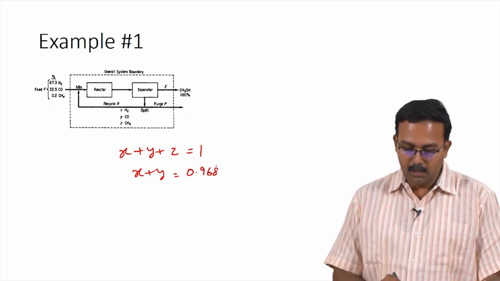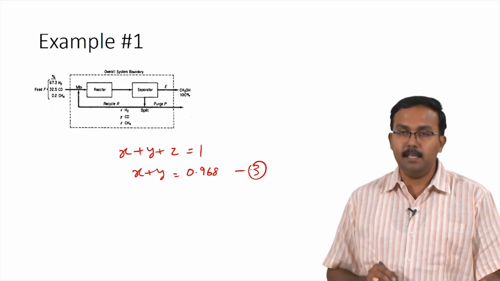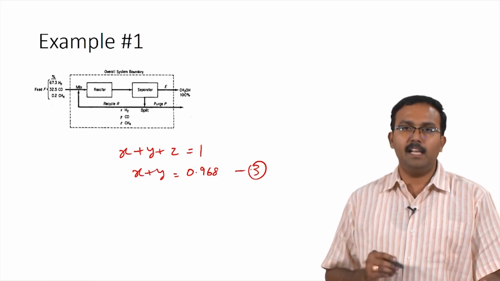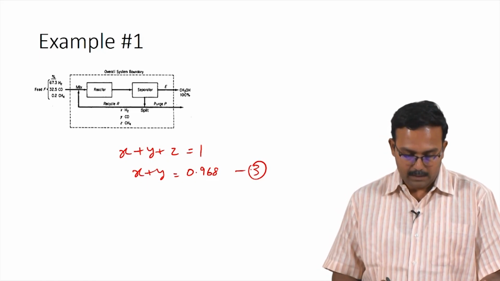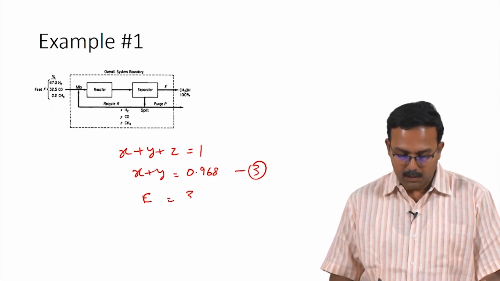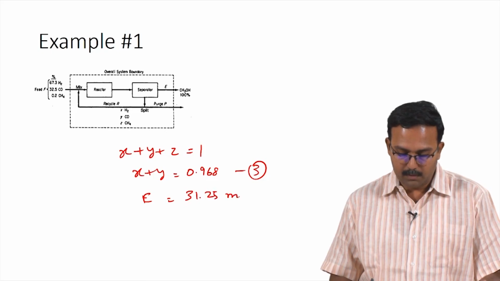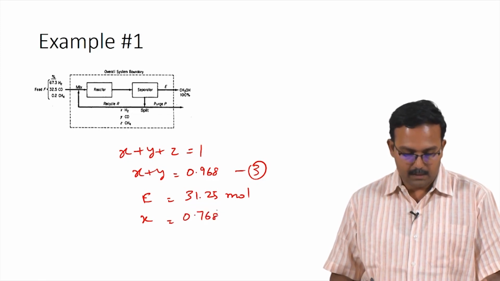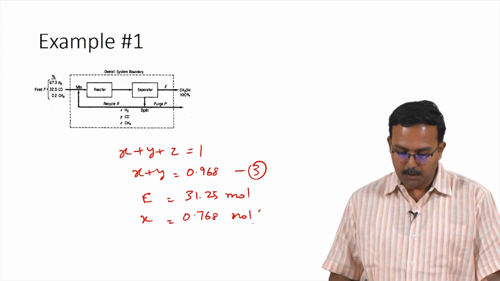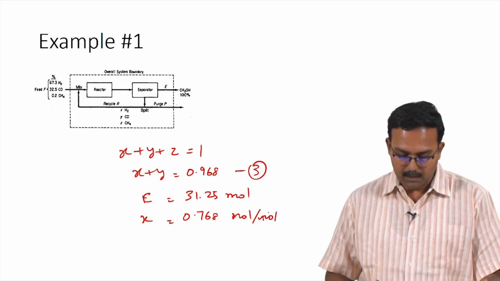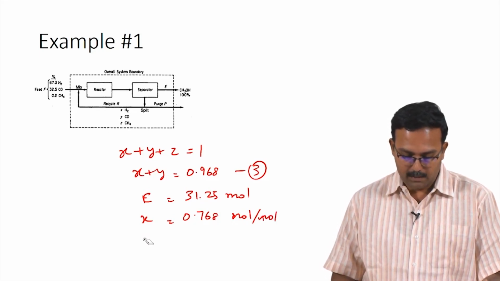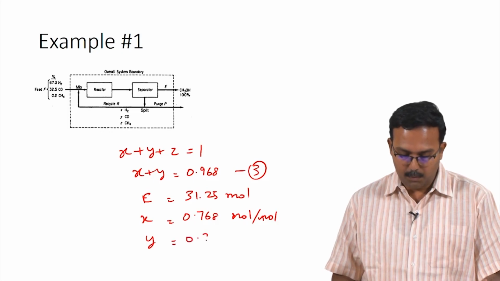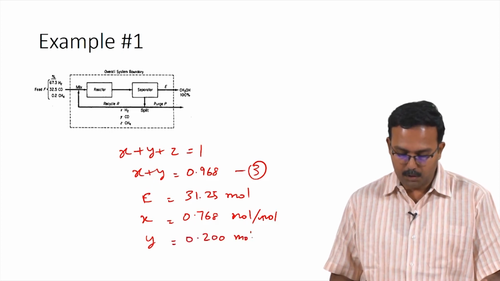Now, solving 1, 2 and 3 simultaneously, we can get the values for E, X and Y. So, we get E equal to 31.25 moles, X equal to 0.768 moles per mole, and Y equal to 0.200 moles per mole.